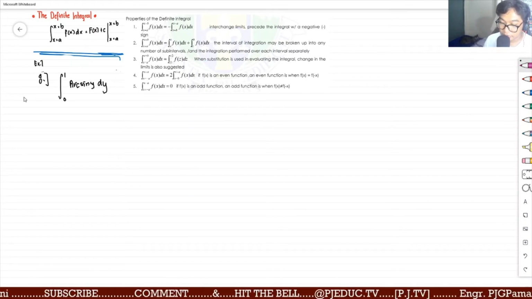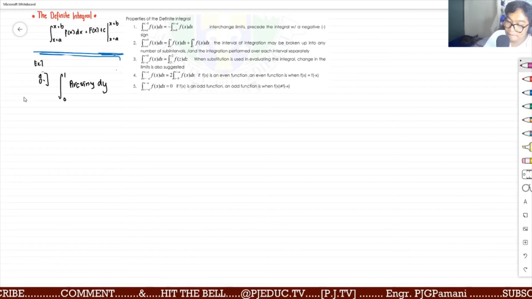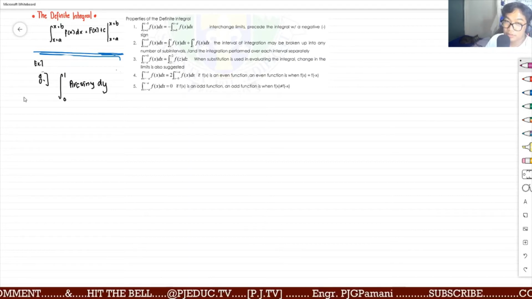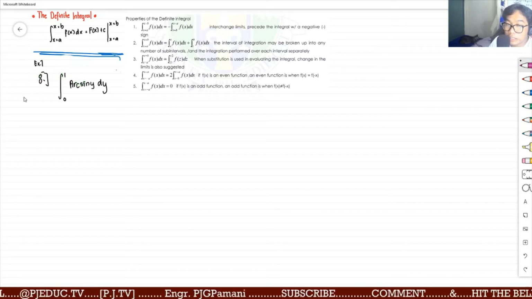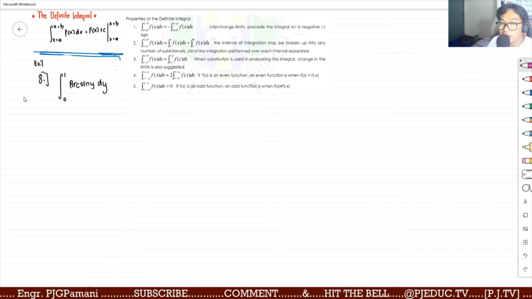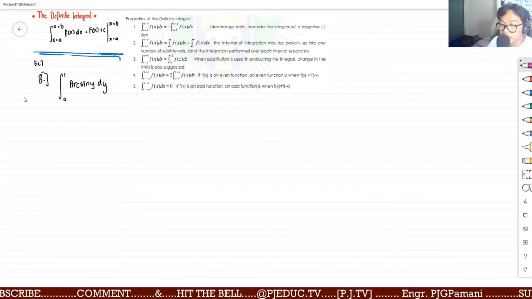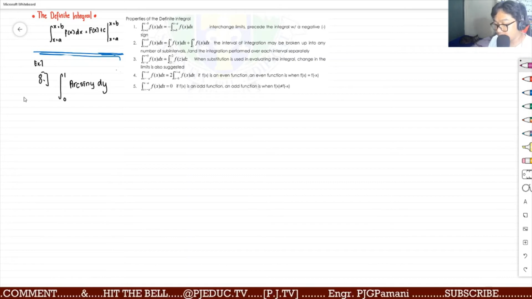Right? What is that? How are we going to solve that? The integral from 0 to 1 of arc sine y dy. How are you going to solve that?